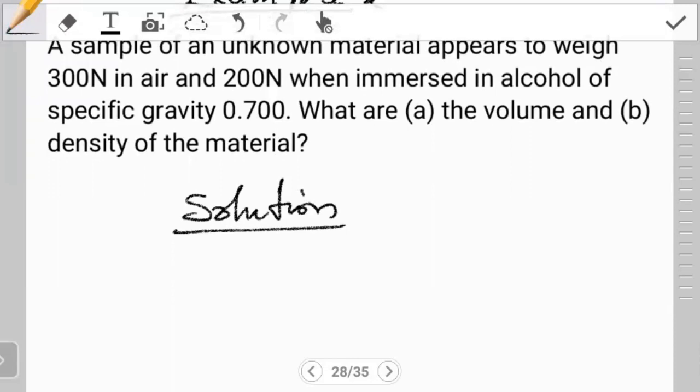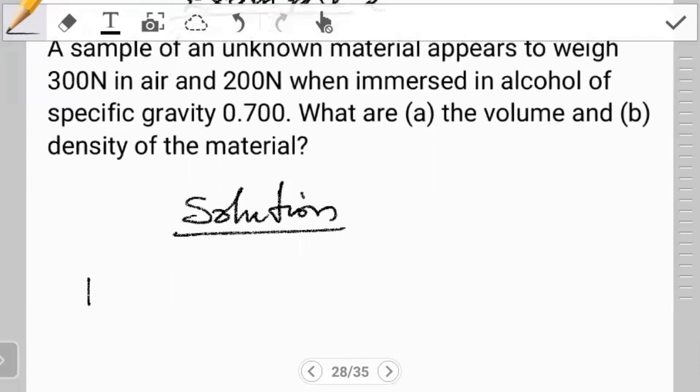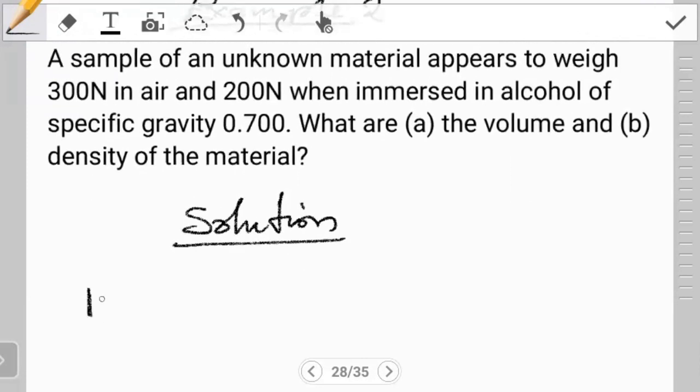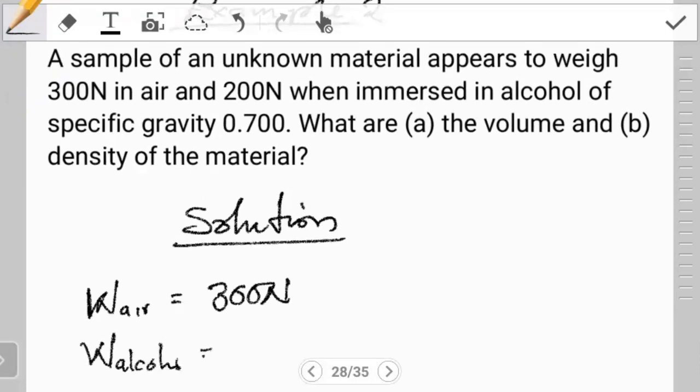Now, let's look at our expression for the forces that are actually acting on this. Since we're given the weight in air, which in this case is given as 300 newtons, and the weight in alcohol is given as 200 newtons.